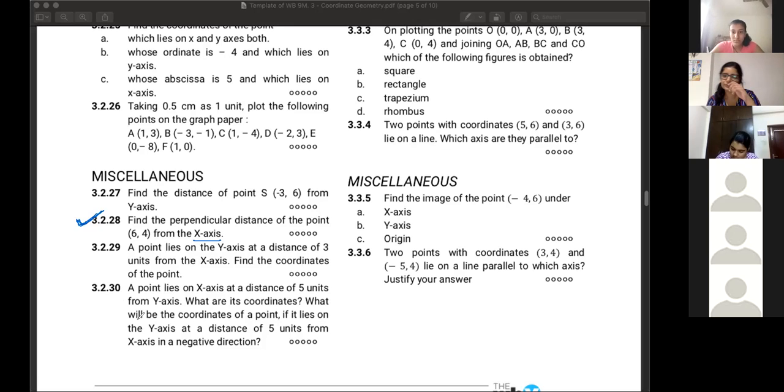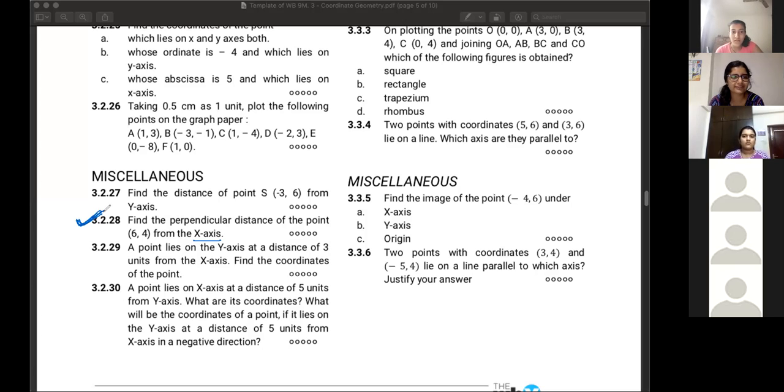Ma'am, can you repeat the question? Question number 28. Samriddhi, yes, absolutely right. Suhani and Samriddhi got it. Ashka, yes, you got it.